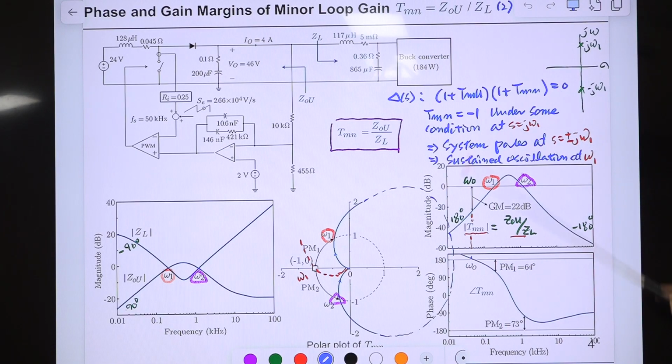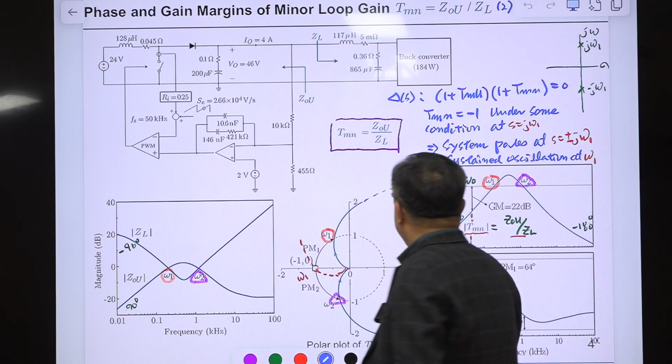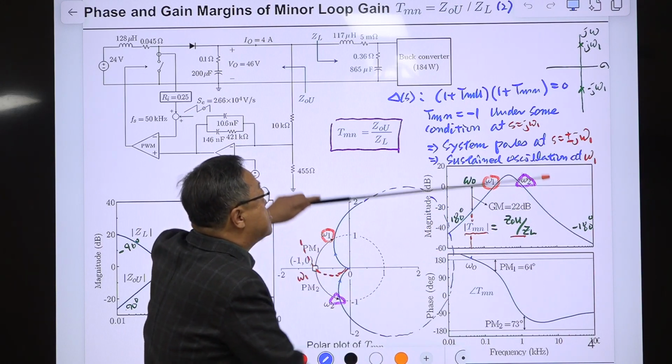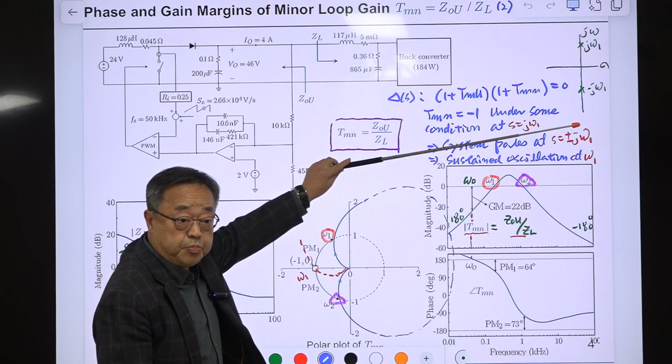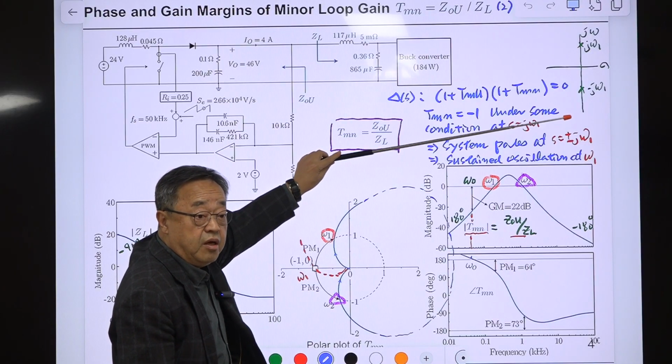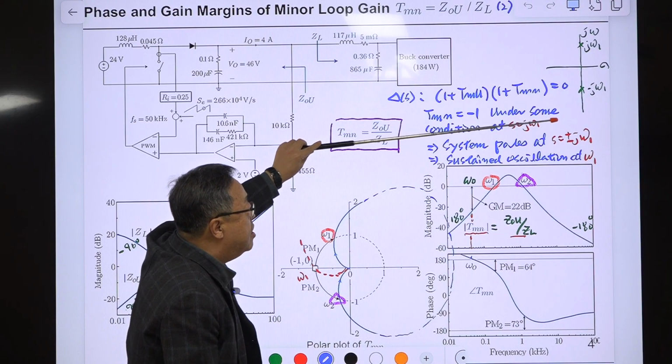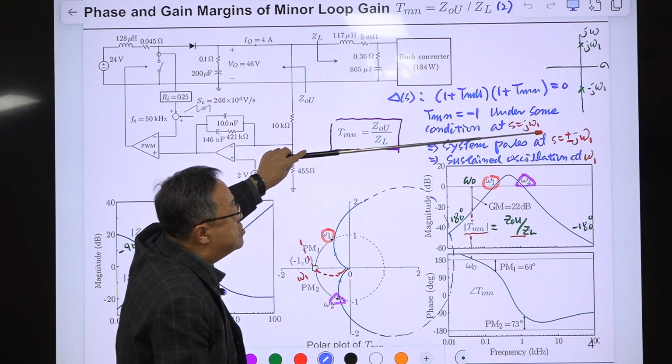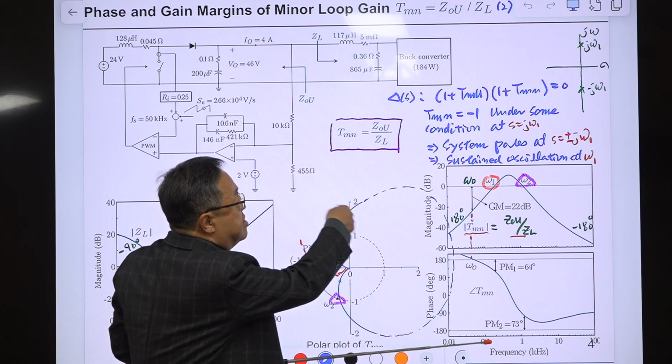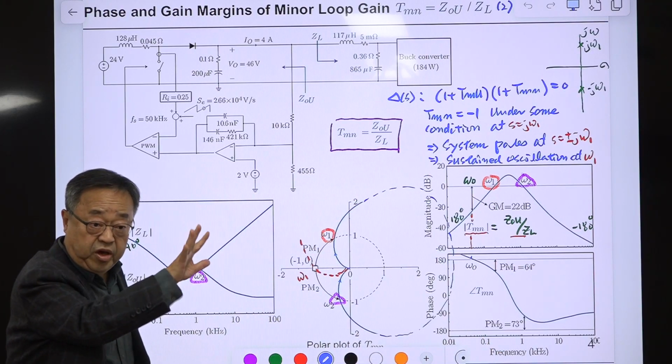Now assume this is not present, so this is 1. Then think about this. Tmn is a complex number. It has magnitude and phase. Assume, under some condition, which I'll explain, at this frequency, S is the complex frequency.